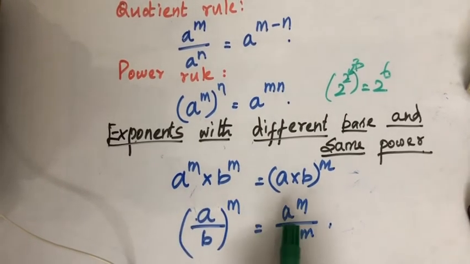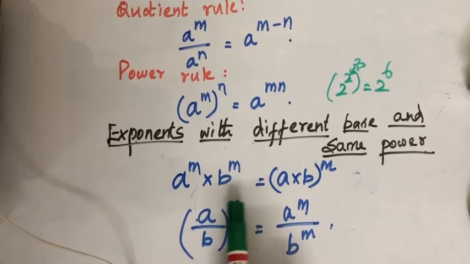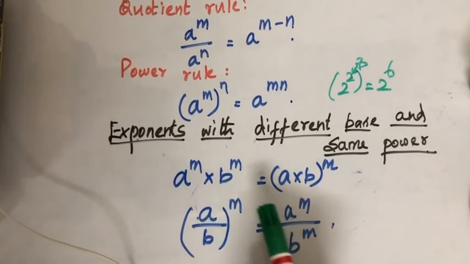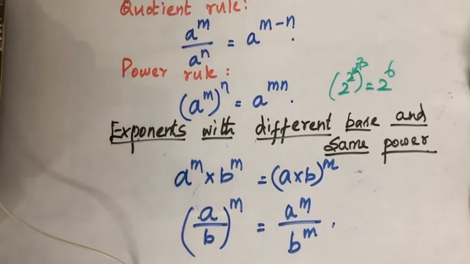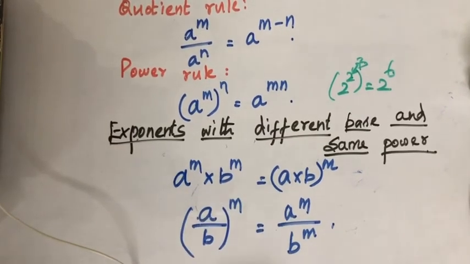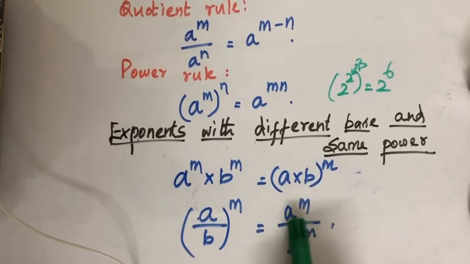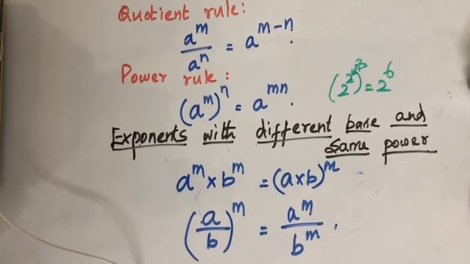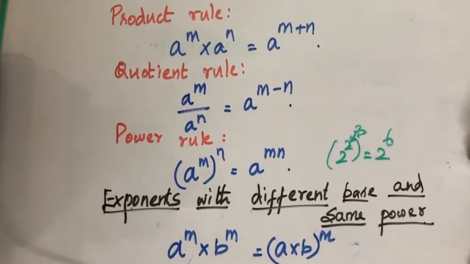Here also it is a power m. The power is common for both the numerator and denominator. So you can write it as a power m divided by b power m. These are the important rules we need to know.